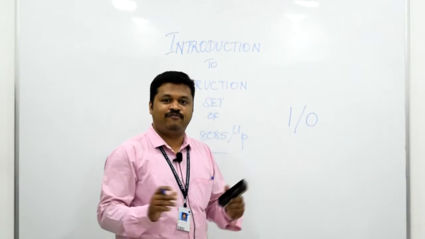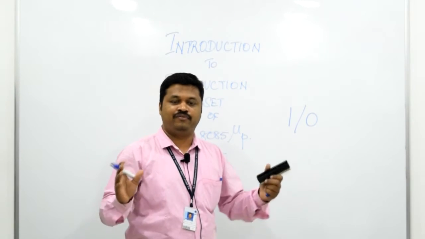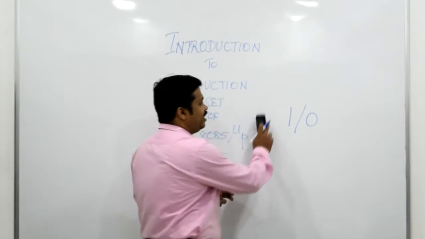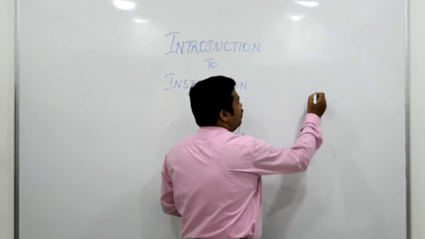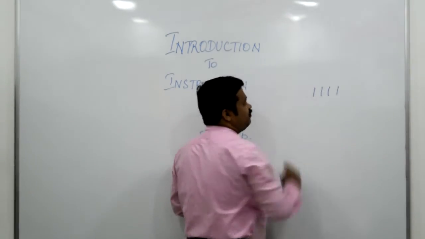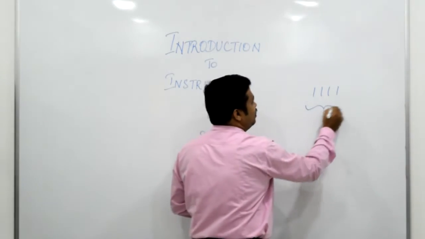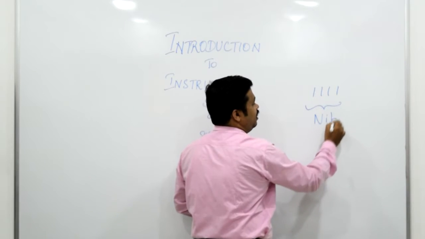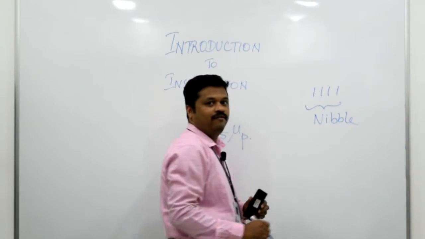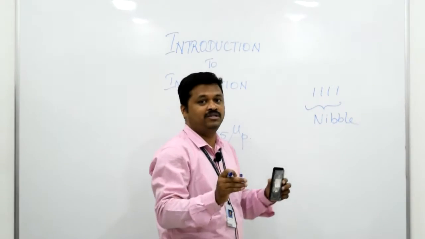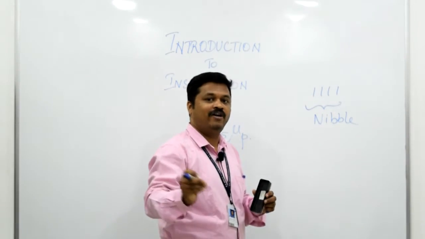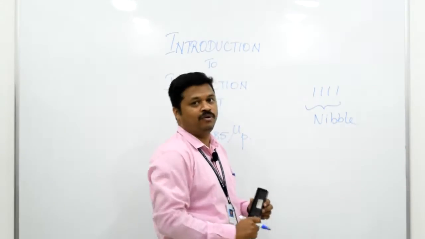If you want to know the data format or data strength of your bits, if you combine 4 bits, you call that a nibble. What is it? Nibble. 4 bits combined together. You have combinations from 0000 to 1111, so you have plenty of combinations.